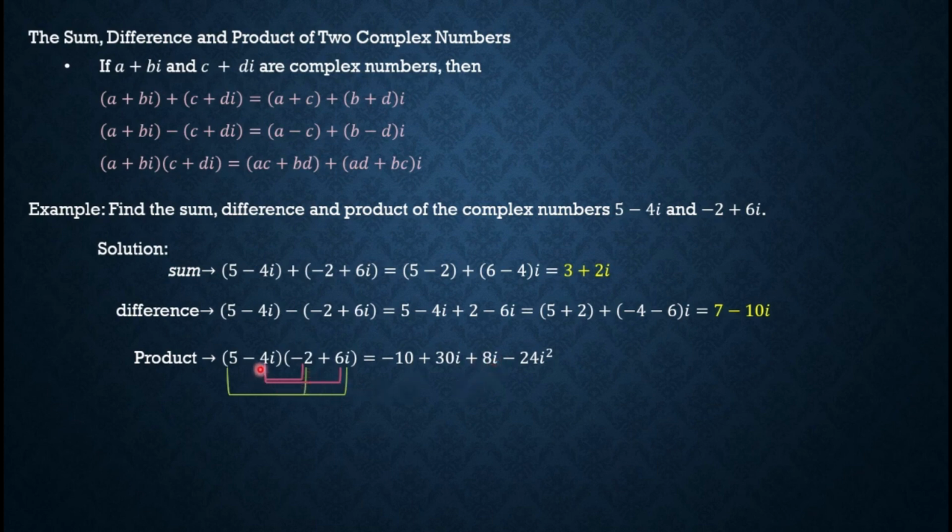Then, negative 4i times positive 6i is equal to negative 24i squared. Negative 10 plus 30i plus 8i, i to the power 2 is equal to negative 1, minus quantity 24 times the negative 1. So, next, negative 10 plus 30i plus 8i plus 24. Final answer is 14 plus 38i.